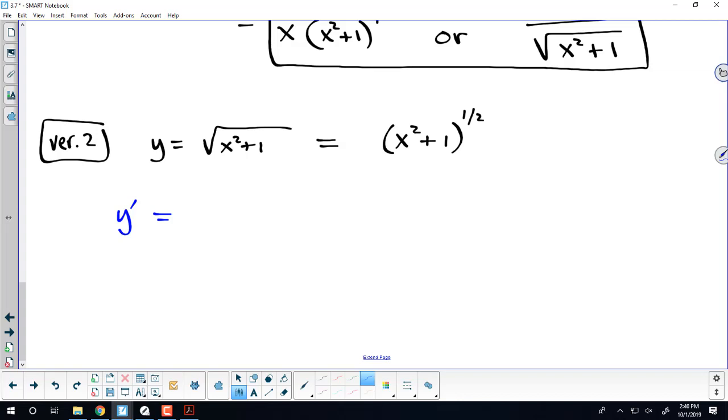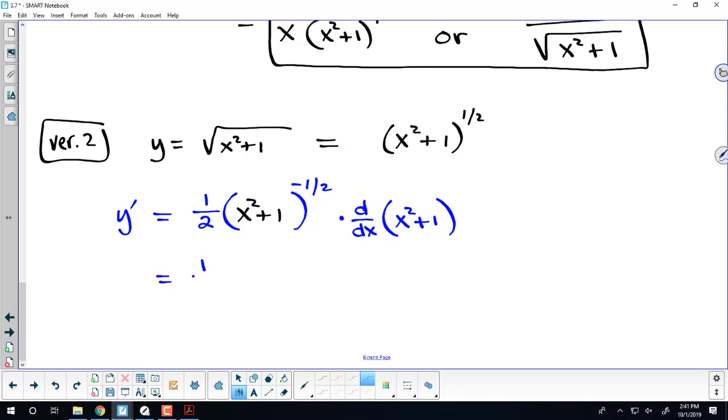The last operation you perform is taking the square root of all of that stuff, or raising all of that stuff to the 1/2 power. So we take the derivative of that using the power rule. There's the derivative of the outside, leaving the inside alone. And then we multiply by the derivative of the inside. And we see that's the same result.